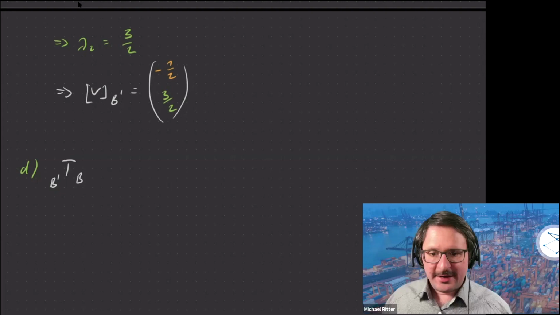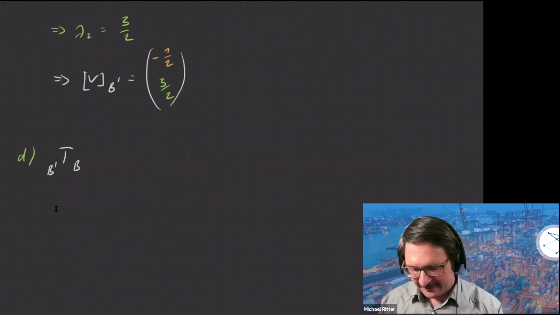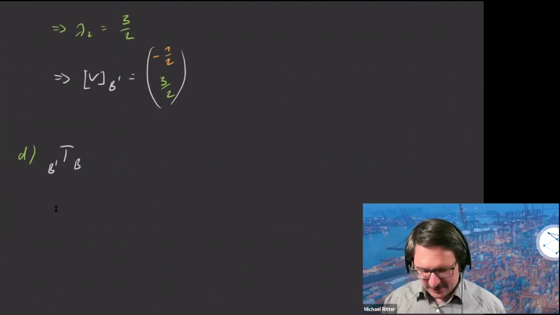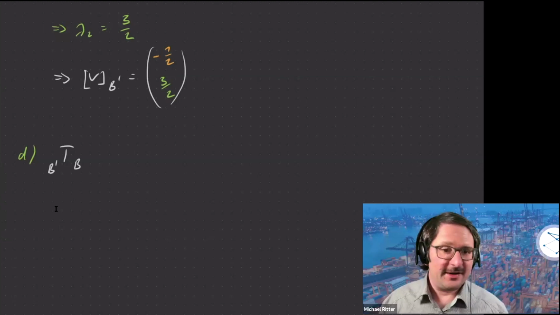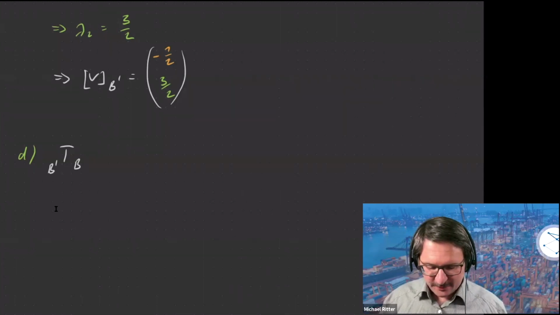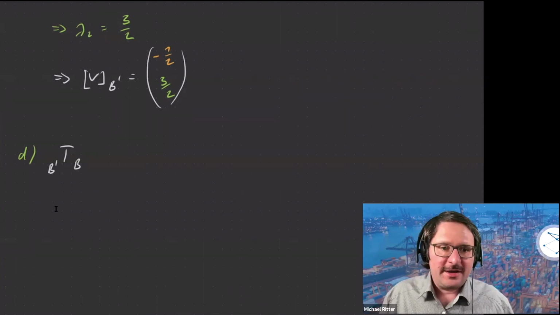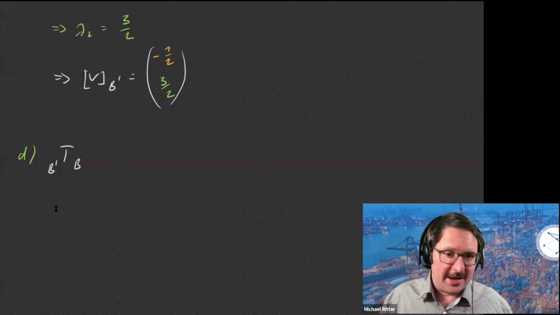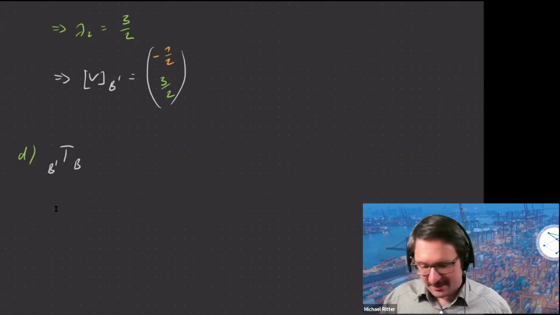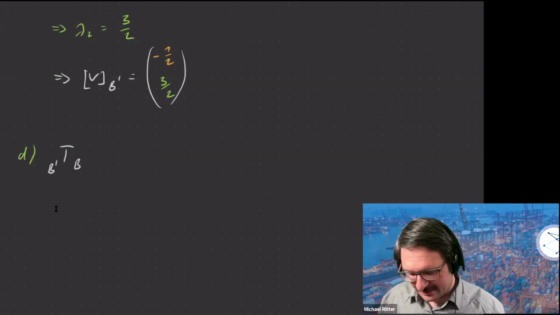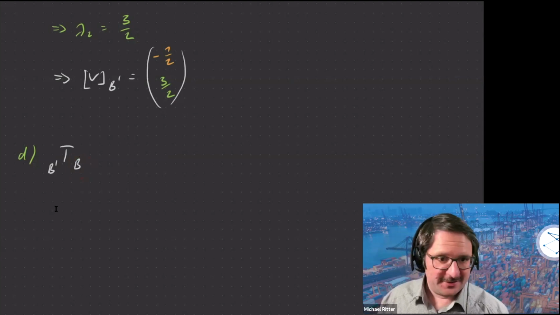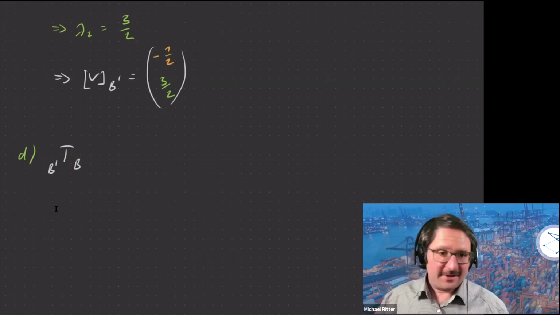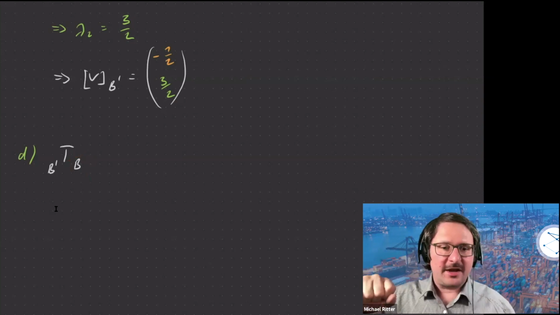How do we get that matrix? Well, as for every matrix that represents a linear mapping, we have to take a basis of the domain, and we then have to compute the images of that basis under the linear mapping.